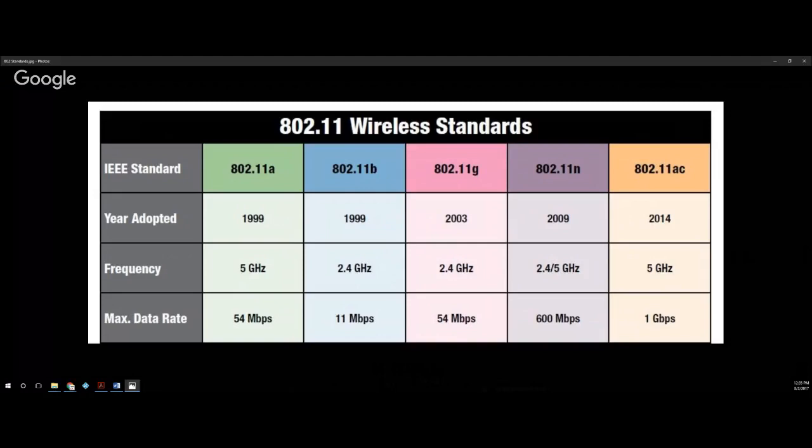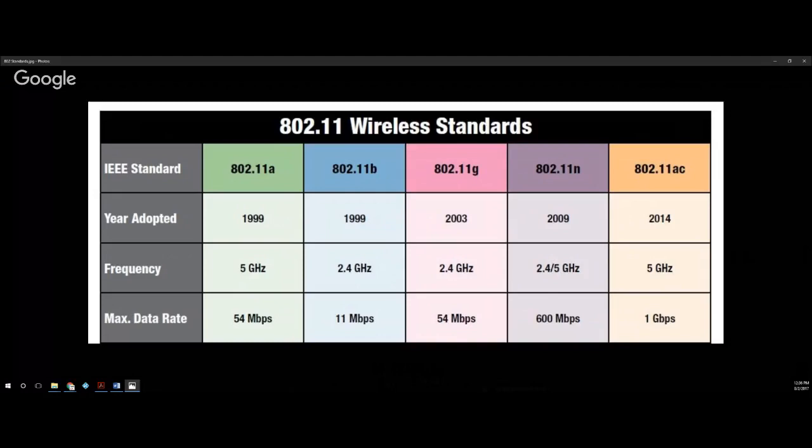Now the maximum data rate is one of only a few numbers, and this was much easier before AC was added to the grand scheme of things, but it's still not that bad. So A and G operate at 54 megabits per second, and that's megabits, not megabytes. That's why that little b is there. Now, what is the difference between 802.11a and G?